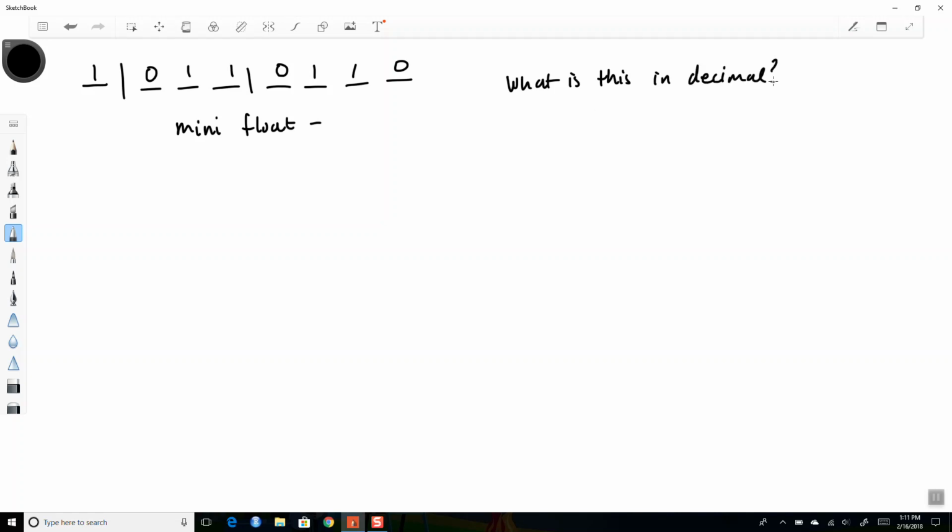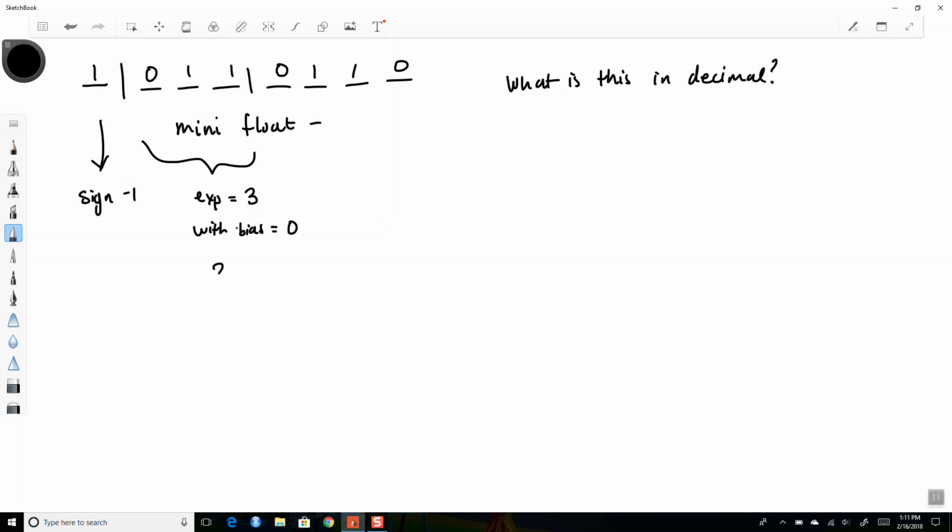Okay. All right, let's go ahead and break this down. This is our sign. The sign is going to be negative. Our exponent is 1, 1. This is in binary. What is that? 3. So with the bias, it's equal to 0.